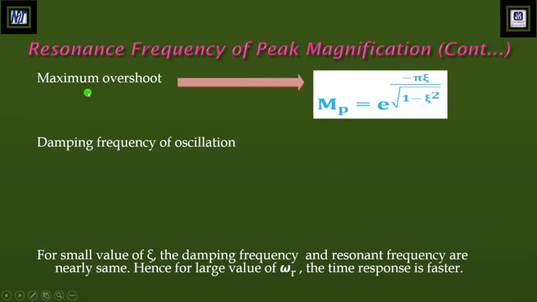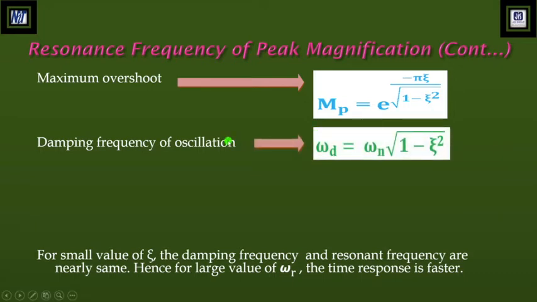For the step response of a second order system, maximum overshoot Mp is equal to this equation. And the damped frequency of oscillation omega d is equal to omega n root over 1 minus zeta square.